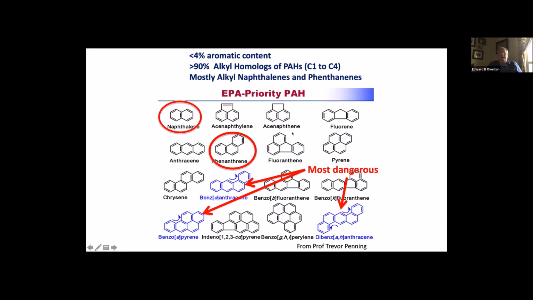Now, again, in oils, you have the parent structure and you also have these alkyl homologs. But in most environmental situations, people are most concerned with the toxicity of PAH compounds as opposed to the properties of other hydrocarbons that are in oil.